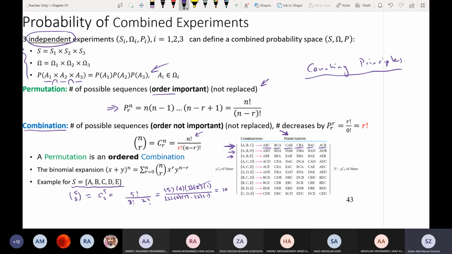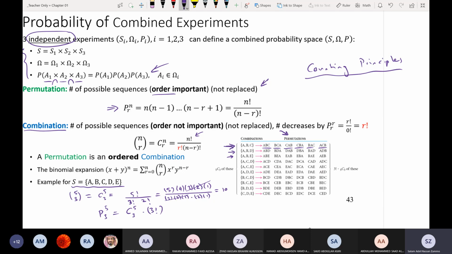So the number of permutations is the number of combinations, while every combination can be reordered. So in this case, P 5 3 equals the number of combinations, C 5 3, multiplied by 3 factorial, which is the number of permutations.